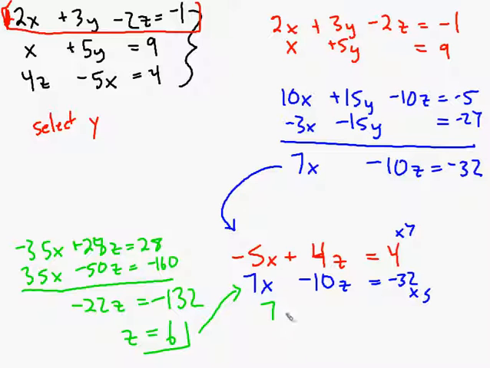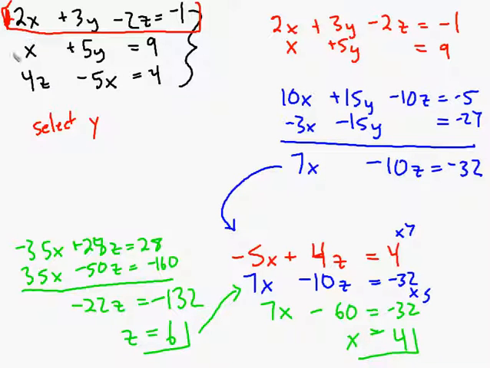So we get 7x minus 60 equals -32. I'll add my 60, and I'll divide by 7. Hopefully you can follow along with how to solve that. Now I have both of these, right? And I need a y.